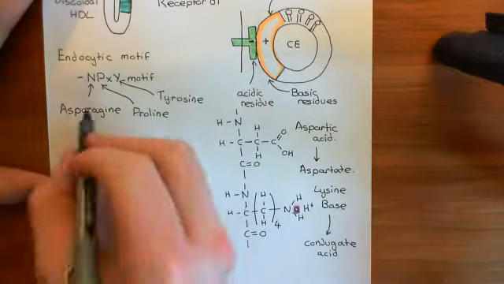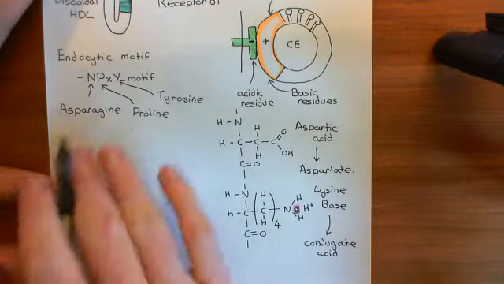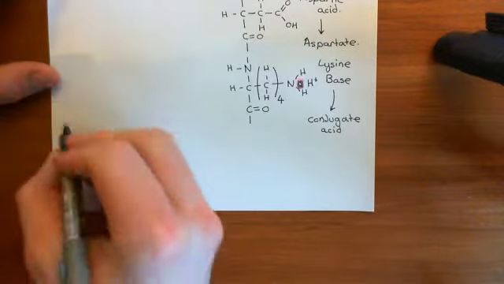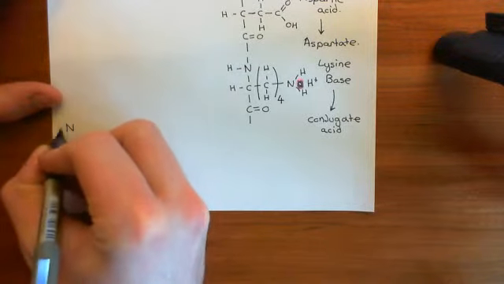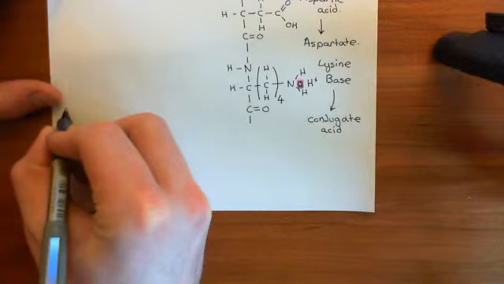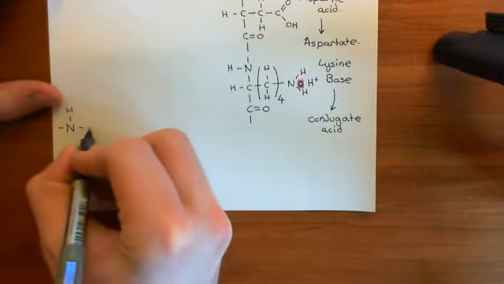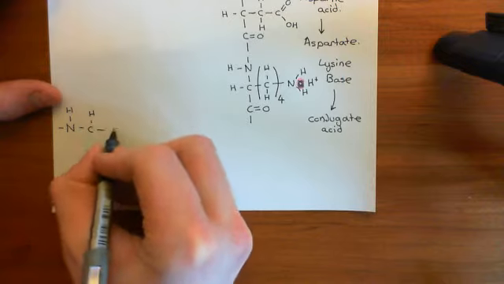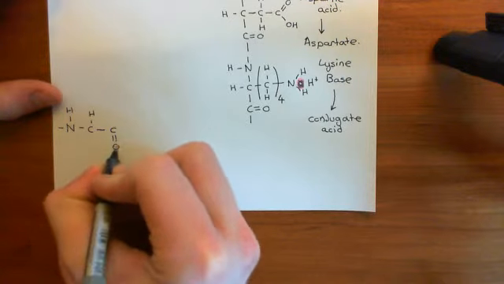Okay, so let's start with asparagine. We don't really have space here, so I'll move down to here. Here is the amino terminus of this asparagine amino acid. Here is the alpha carbon with a hydrogen coming off it, and here is the carboxylic acid group.